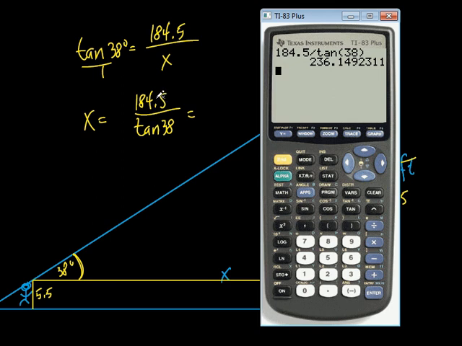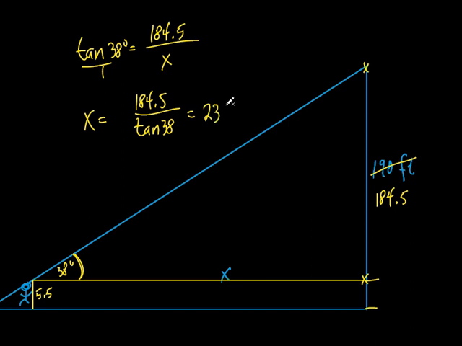So if you use one of those TI-30XAs, you would go 184.5 divided by 38 tangent and then equals. And then you should get this exact number. It shouldn't be any different whatsoever. So it's 236 point, what'd you say it was? 1? Okay, because it was 1/4. The 4 doesn't round the 1 up, so that's what it would be. And that's how many feet it is from here to here.